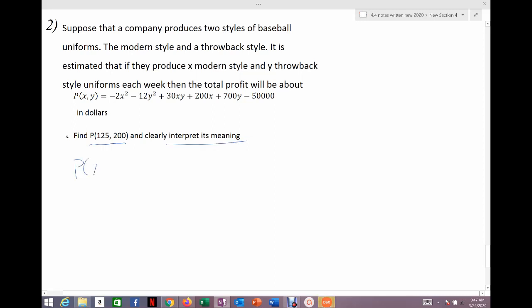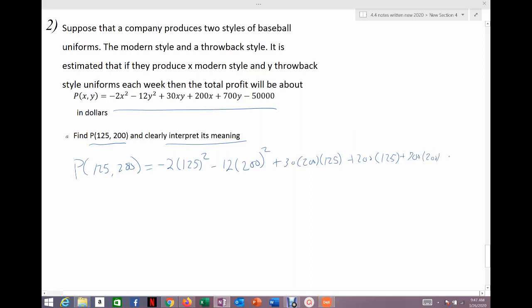So again, just be careful and plug in. With these multivariable functions, there's a lot to them, so you just have to be careful when you plug it in. So negative 2 times 125 squared, and so on.